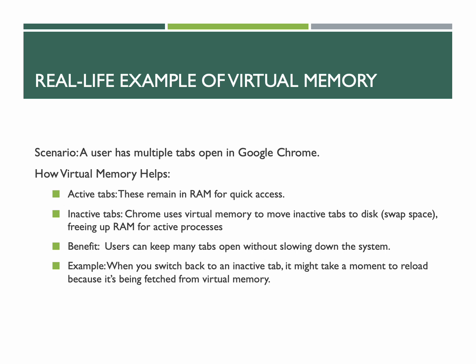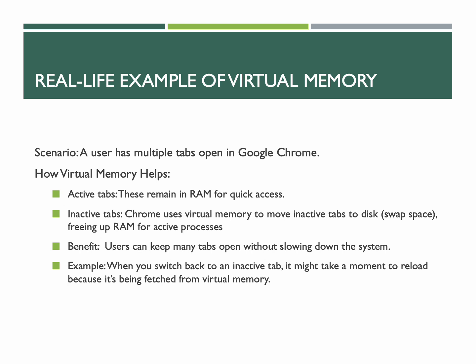First of all, active tabs, the tabs that you're currently using, remain in RAM for quick access, ensuring a smooth user experience. Then inactive tabs: Chrome uses virtual memory to move inactive tabs to disk storage or swap space. This process frees up RAM for active processes and ensures your system remains responsive.